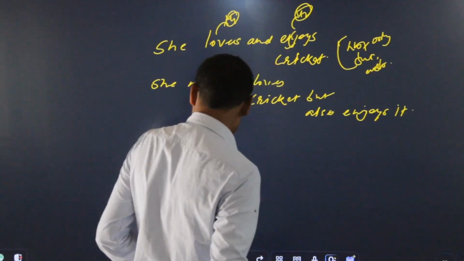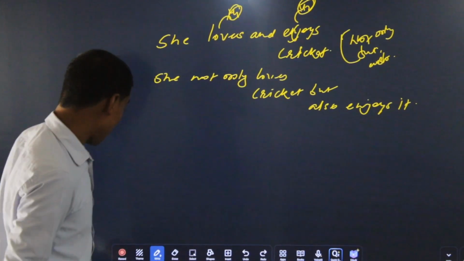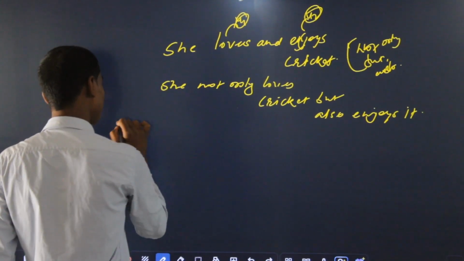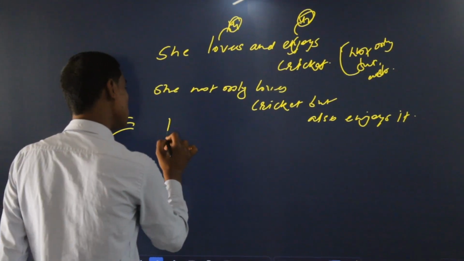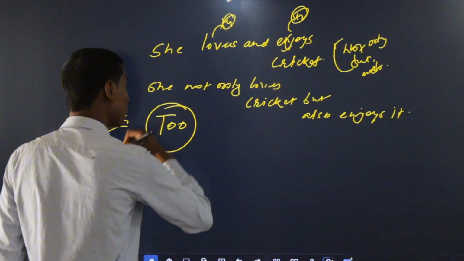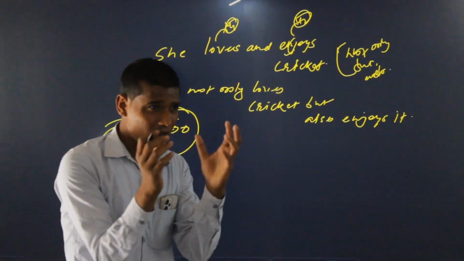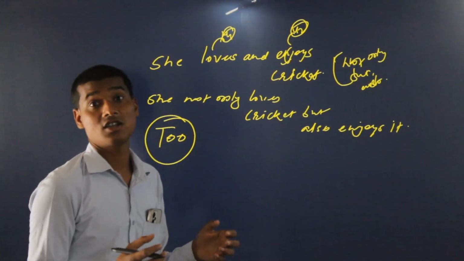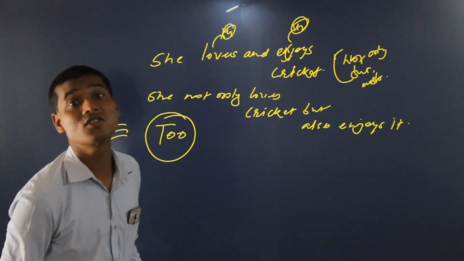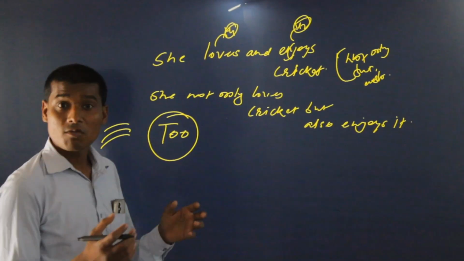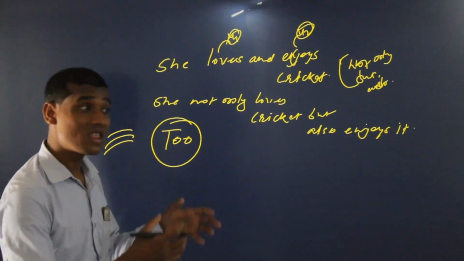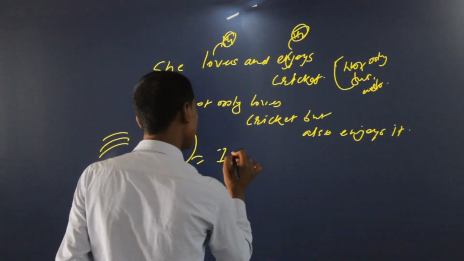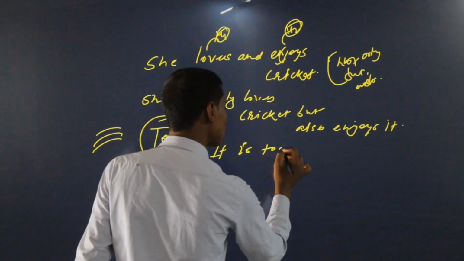Now we have another magical word. And what is the word? Let's understand it in the next term. The word is too, T-O-O. Too is sometimes confusing and has a variety of uses in sentences. But today we will understand the use of too in this context of transformation. Sometimes we say it is too hot.